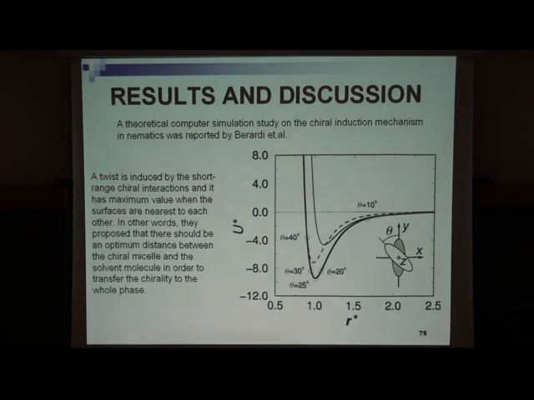And they calculated potential energy versus the distance between the solvent and micelle. And they suggested that the maximum twist induced by short-range chiral interactions has maximum value when the two faces of micelle and solvents are nearest to each other. I mean, the distance between the molecules or micelles is very important, as I explained in my studies.